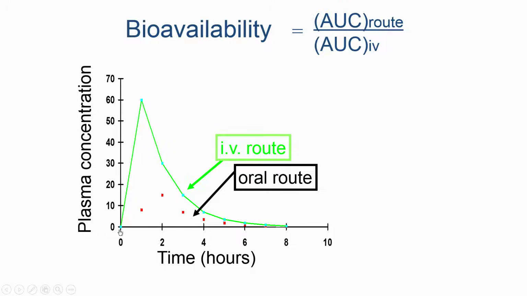Whereas, if I give the same amount of drug through some other route, in this case let us say oral route, then only a fraction of it is going to reach, and then it is going to get excreted out as well. So, the area under the curve with the IV route versus the area under the curve with the oral route will give you the bioavailability of the oral route. So, as I said, bioavailability for the IV route is always going to be 1 or 100% in this case.